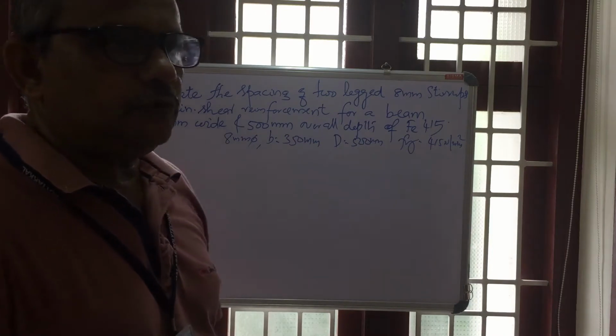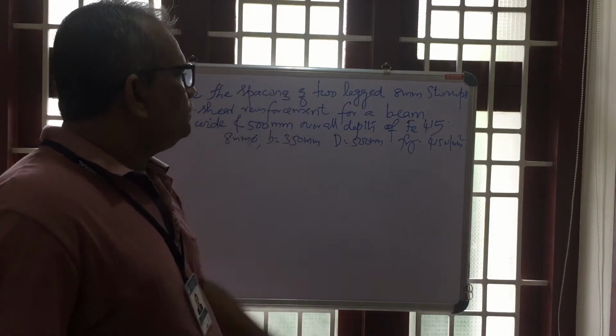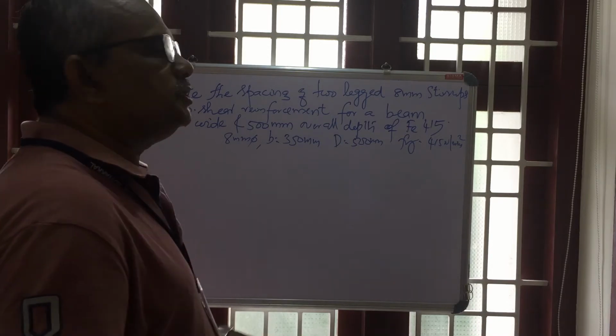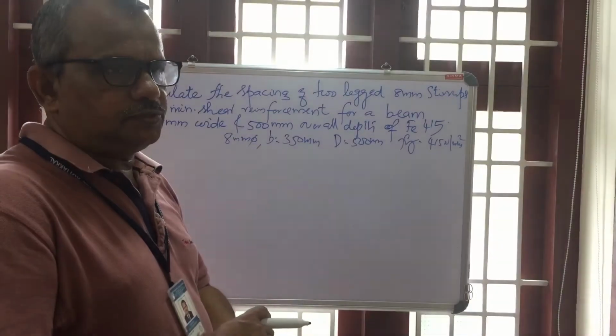Right? The grade of steel is given. So these are the data given to find out the spacing of two-legged vertical stirrups.